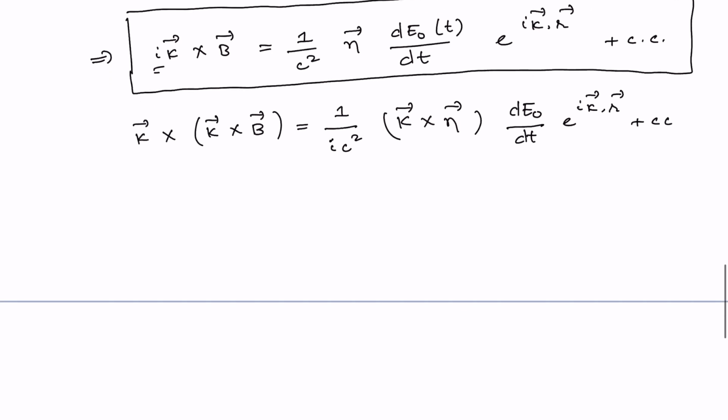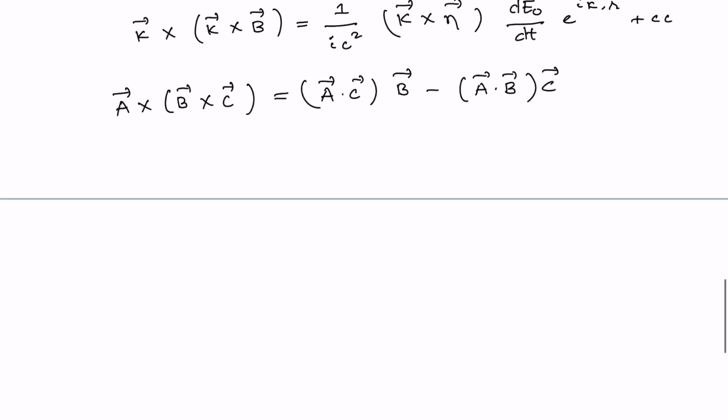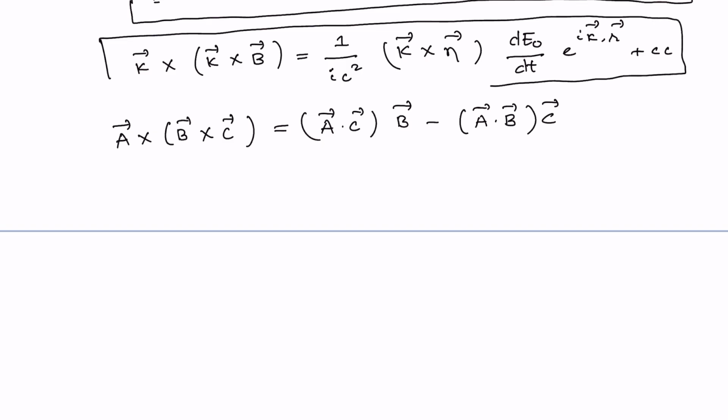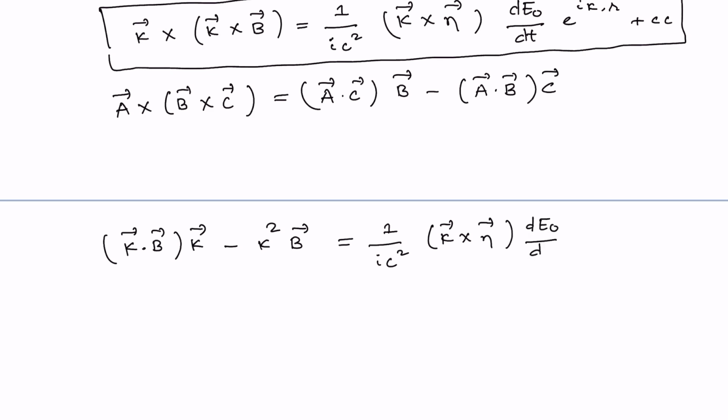We can use this identity which all of you surely know, that A cross B cross C is equal to A dot C B minus A dot B C. If I apply this, I get k dot B k minus k squared B on the left hand side, and on the right hand side I have 1 by i c squared k cross eta dE0 of dt e to the power i k dot r.